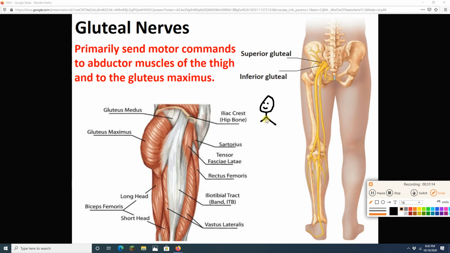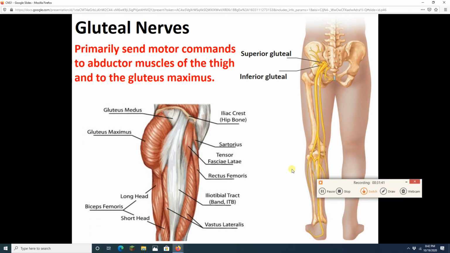Give them a body. Give them one leg, and the other leg is out like that. So to get that other leg out like that, you would use an abductor muscle, which is one of your gluteal muscles. So that's the gluteal nerves. Pretty straightforward, I think, I hope.